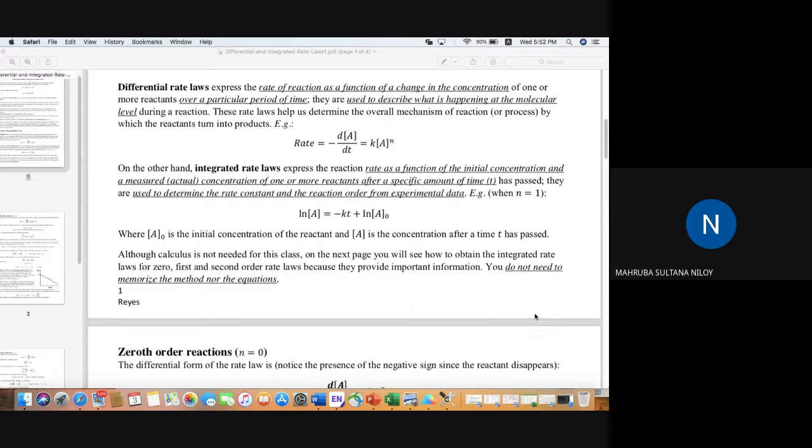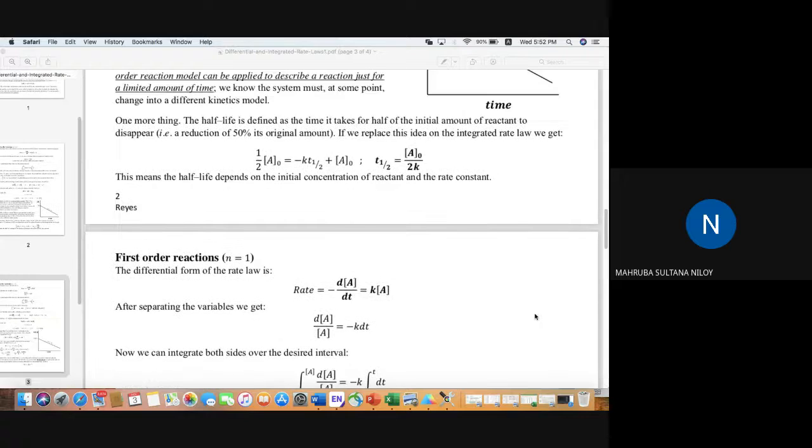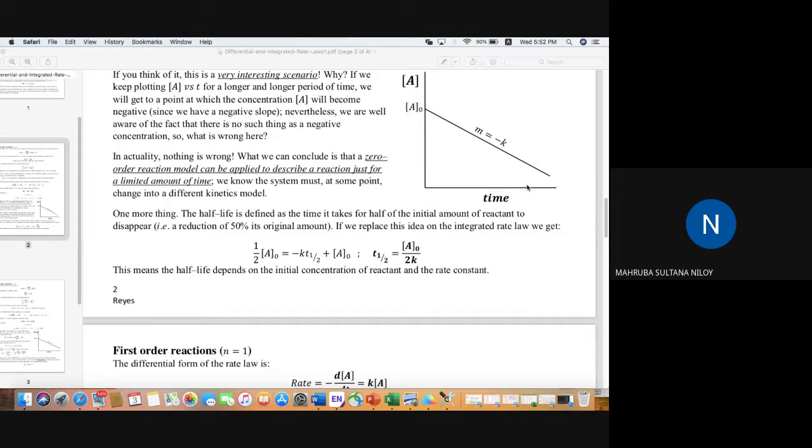So now if we start from here, at the half time, when the concentration will be half, the 50% concentration at a time. Yes, sir.